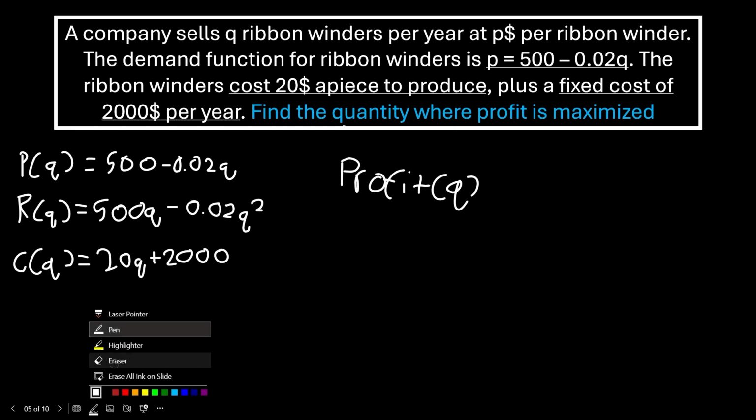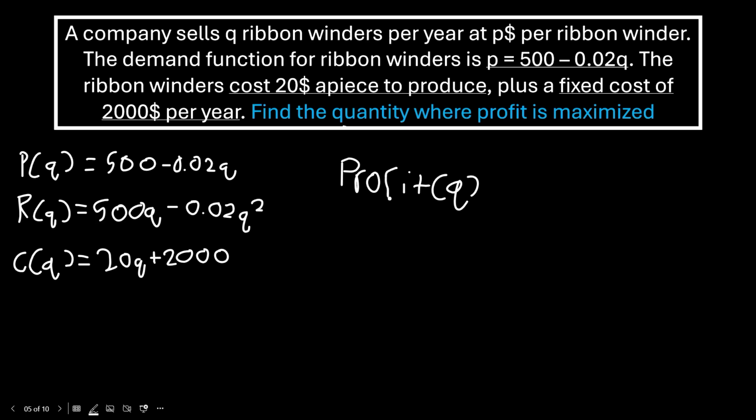Our profit function is just our revenue function minus our cost, which should be 500Q minus 0.2Q squared minus 20Q plus 2,000.